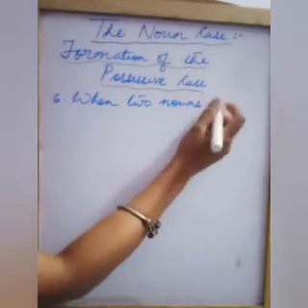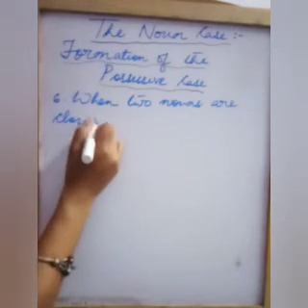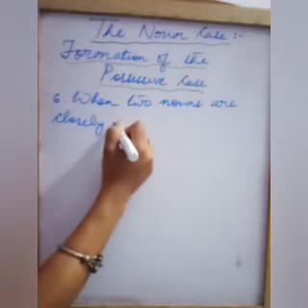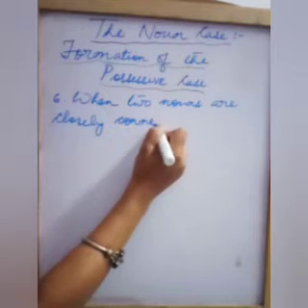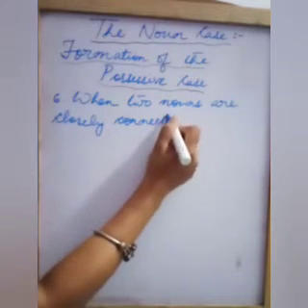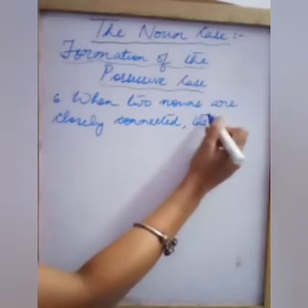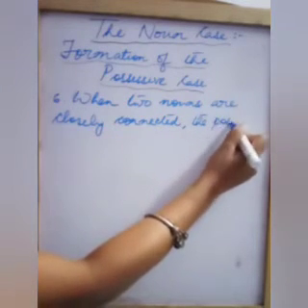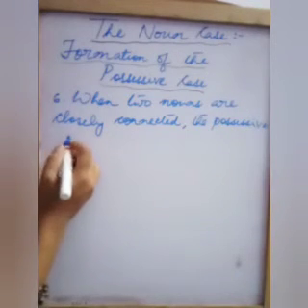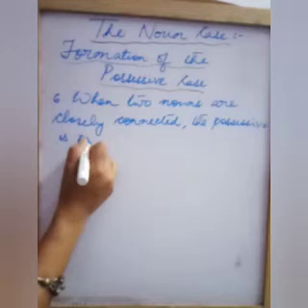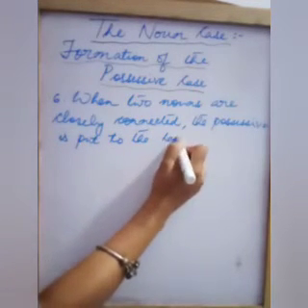When two nouns are closely connected, in this case also, the possessive sign will be put to the latter. The possessive is put to the latter.